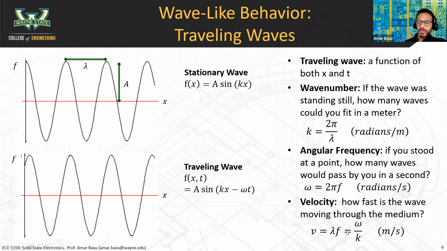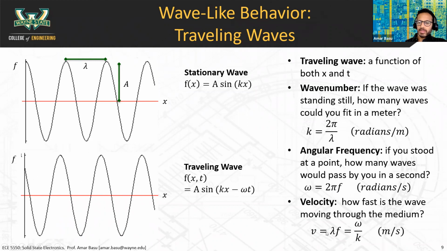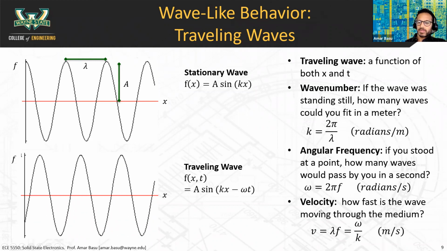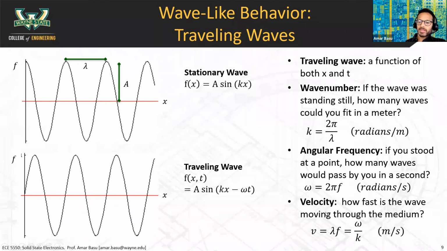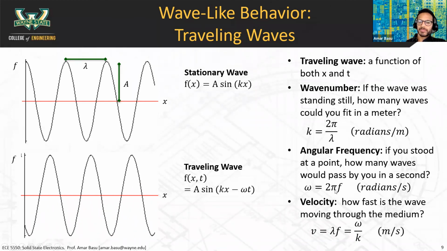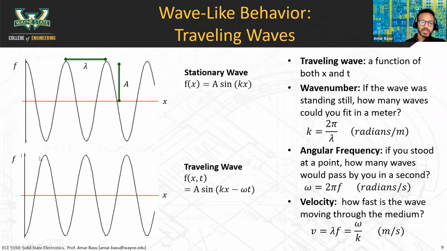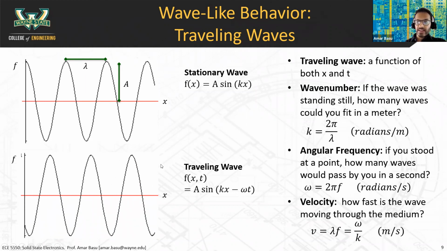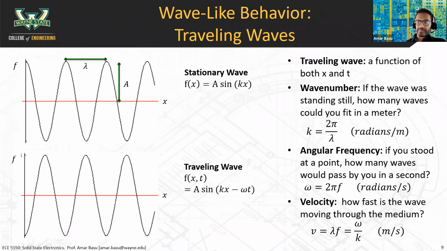All right. And then finally, the velocity has to do with both of these. The velocity is how fast the wave is moving through the medium. So if we take this trough and I follow it with my mouse and see how fast it moves in this horizontal direction, that is the physical velocity.